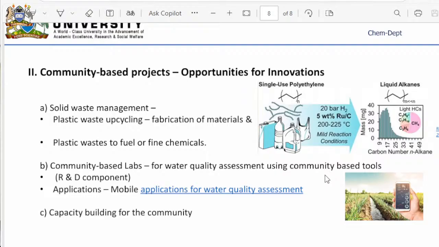One of the approaches that we are trying to use as a department is to engage in community-based projects, and we are doing this collaboratively with organizations around, so that we can achieve ownership in some of the projects that we are doing. Remember, most of the community-based organizations integrate very well with the community.